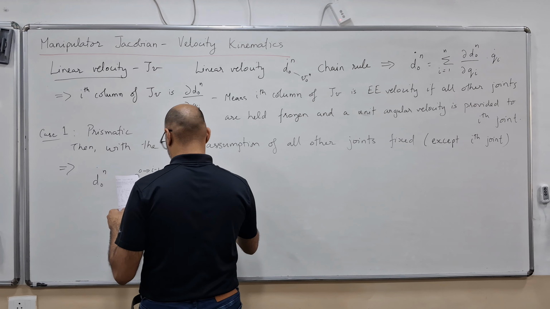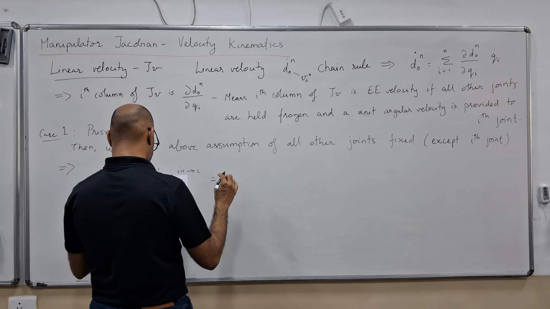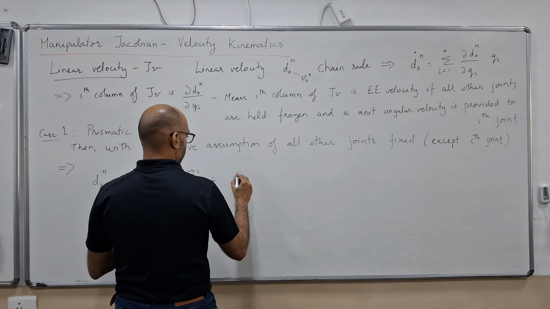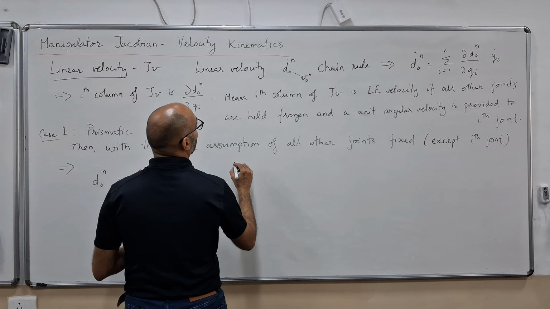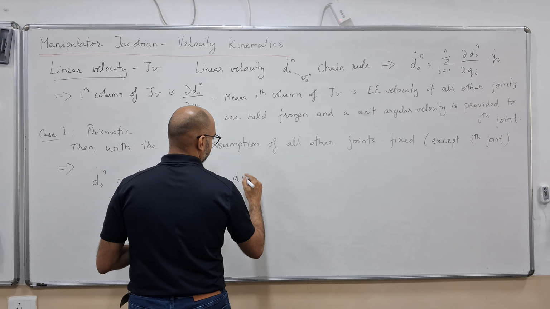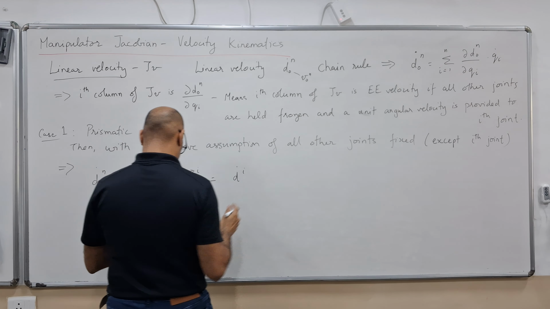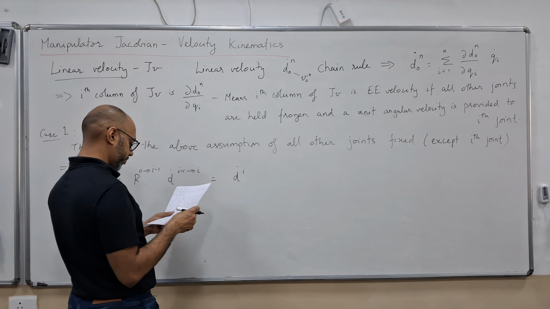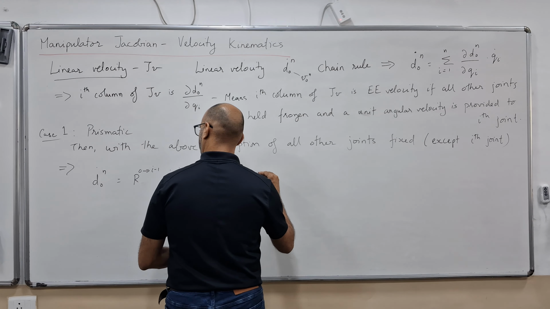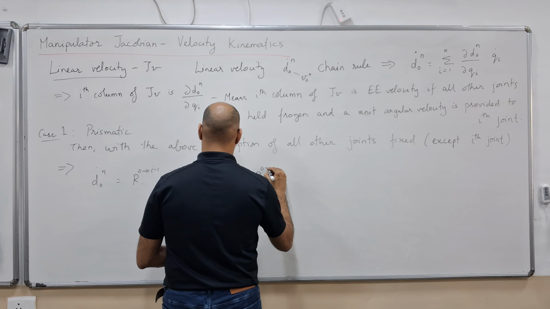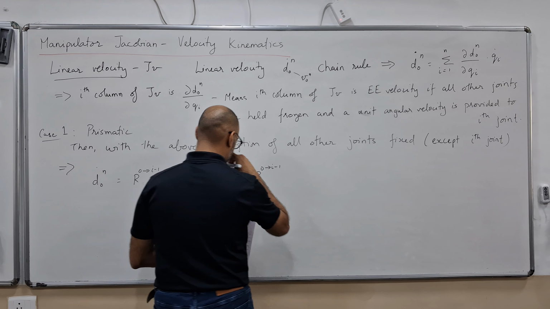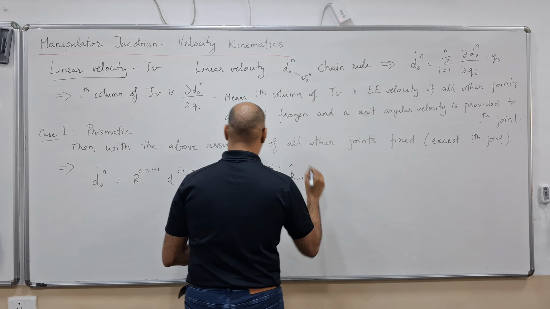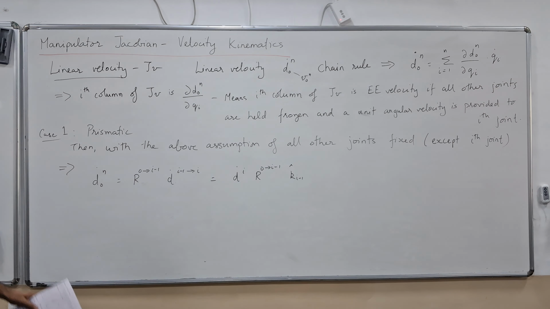And this I can then write as really di dot multiplied by r0 to i minus 1 along the ki minus 1 direction.